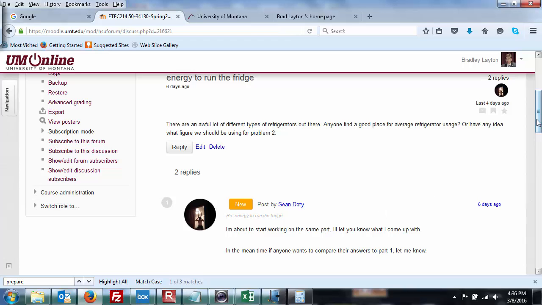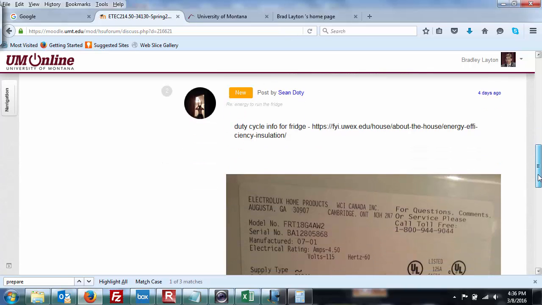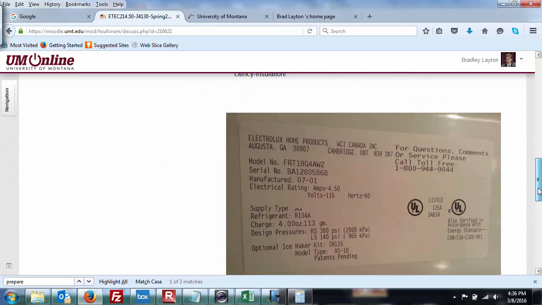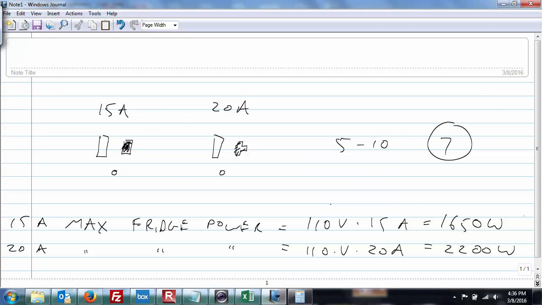About to start working, let me know, duty cycle. Oh, here we go, nice. There you go, 4.5 amps, 115 volts. I think I went to an Energy Star webpage and just found something.